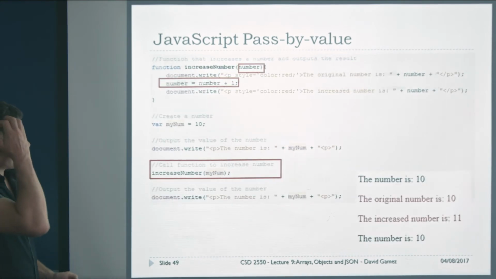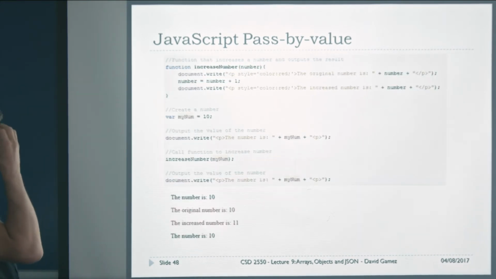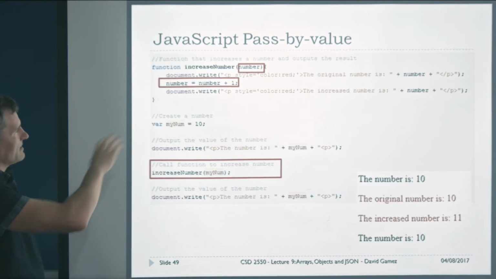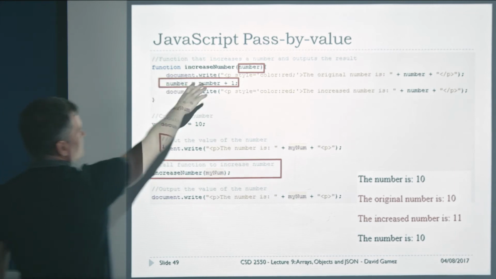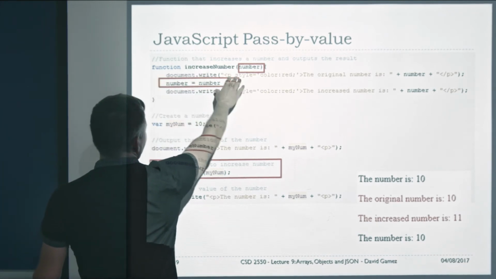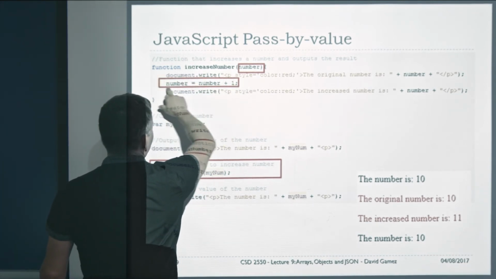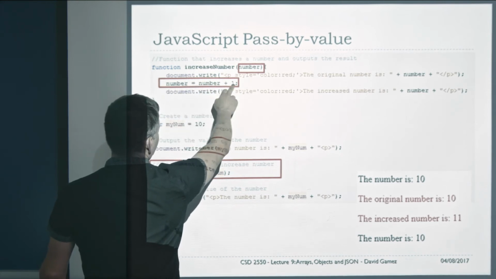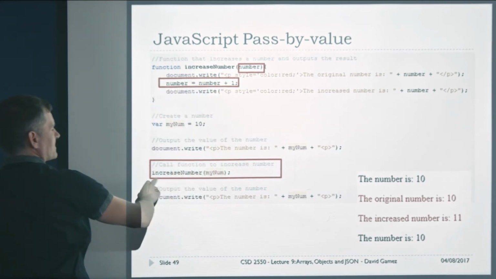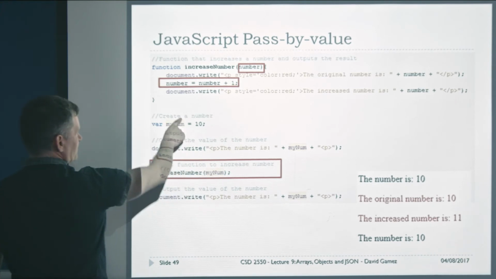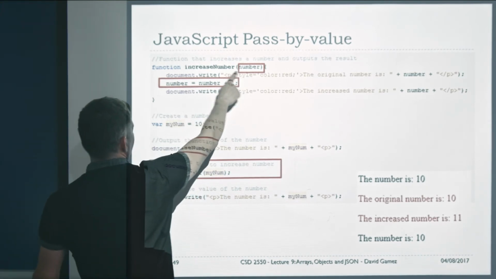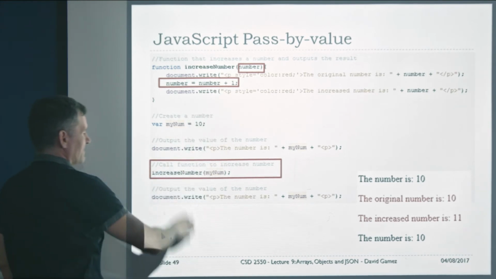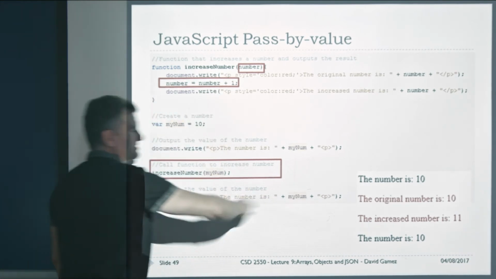So here we had a little example. Some kind of slide mess up there. So we had this increase number example. We had a function increaseNumber. We're passing in a parameter number, and this function is increasing this number by 1. So when you call this function, we've got myNumber, which we're setting equal to 10. We're passing this number into the function. It's increasing the number, but actually when you write out the number here, it has no effect, right?